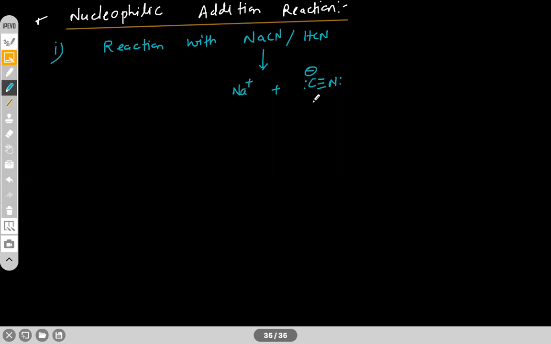Now you see if this is allowed to react with RC double bond O, plus reaction of this, I will write down NaCN with HCN. Could you tell me the product in this reaction?